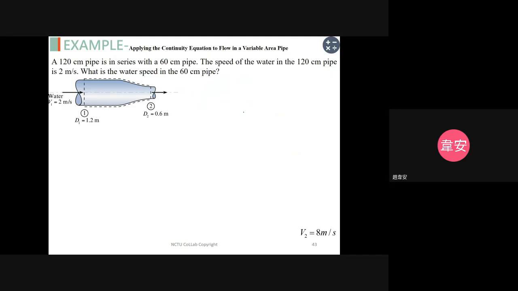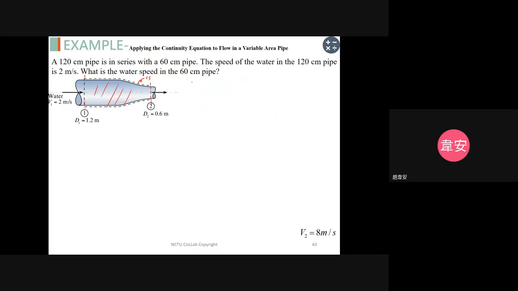This is a conduit, based on pipe flow conditions. We have cross section 1 and cross section 2, and we depict the control surface as the dashed line shown here. So inside is the control volume.